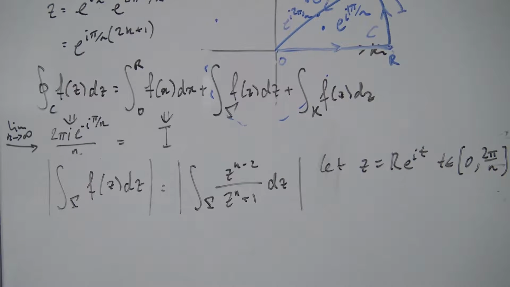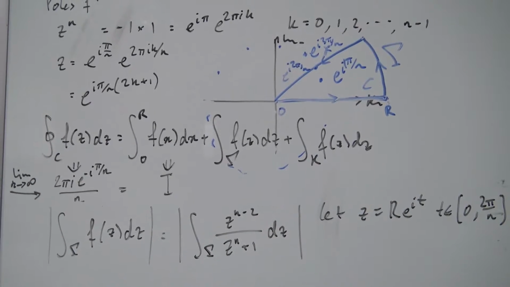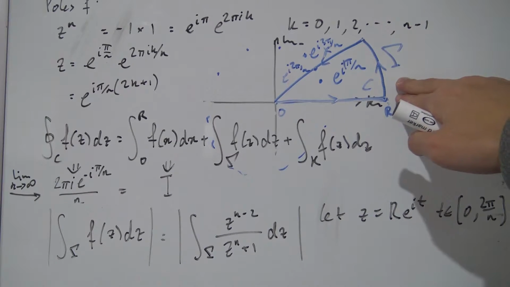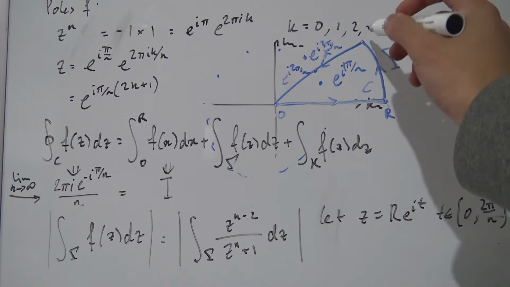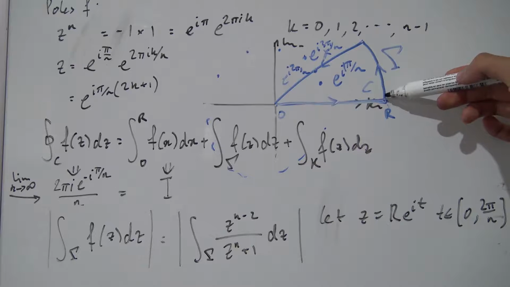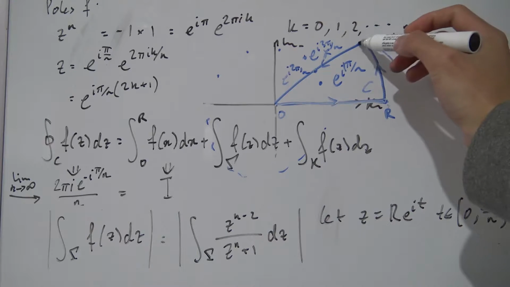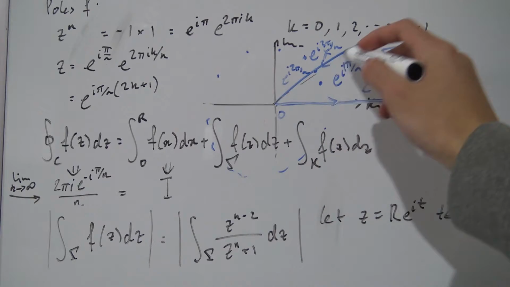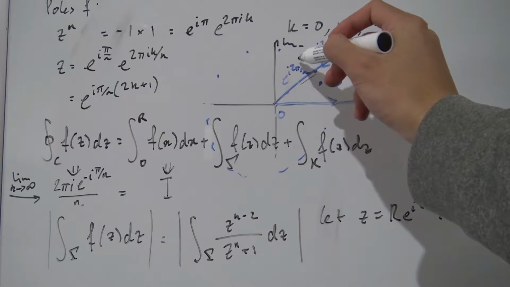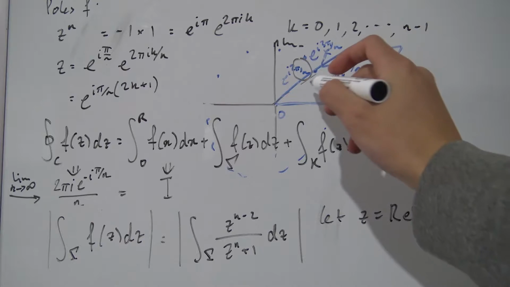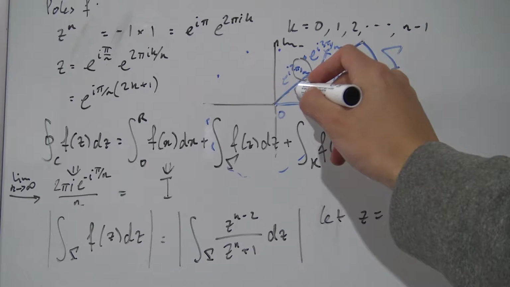And why exactly 2 pi over n? Well, remember in our contour we drew up before, this line right here, we only wanted to walk along our gamma up to a certain point right here. And this point lies on a line that passes through e to the i 2 pi over n. So 2 pi over n is in fact the angle right here.